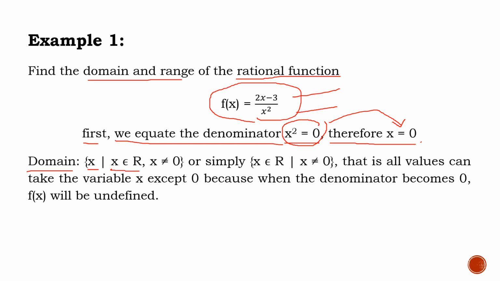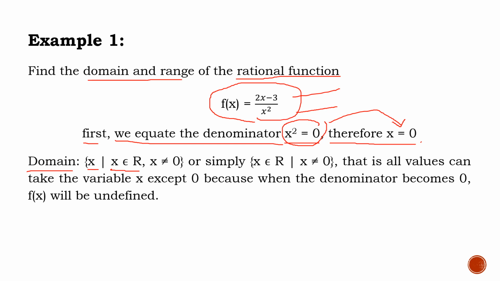So when we say x is an element of all real numbers, meaning to say these are positive and negative numbers, including 0. But in this case, since 0 will make your denominator equal to 0, once we substitute this 0 to your variable x in your denominator x squared, it makes your denominator equal to 0.